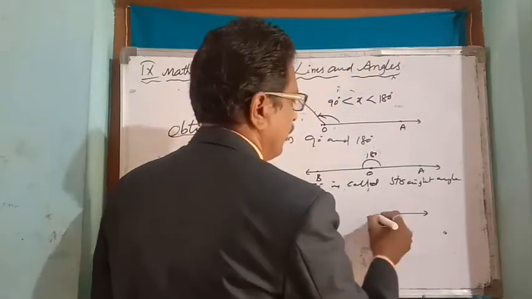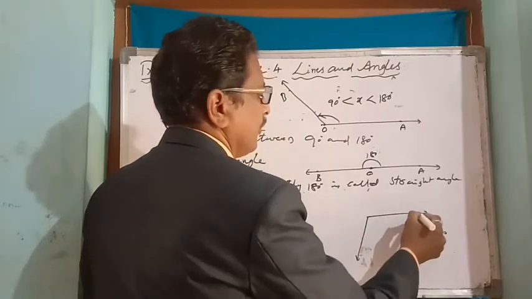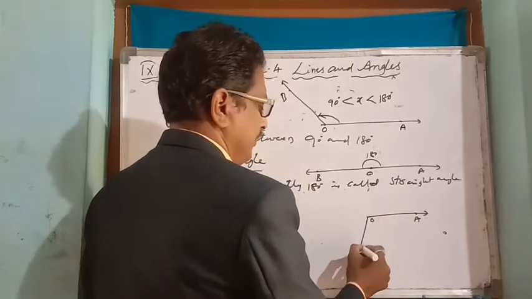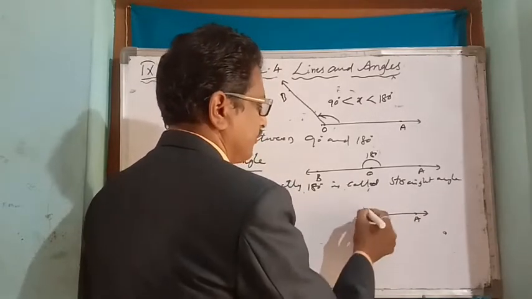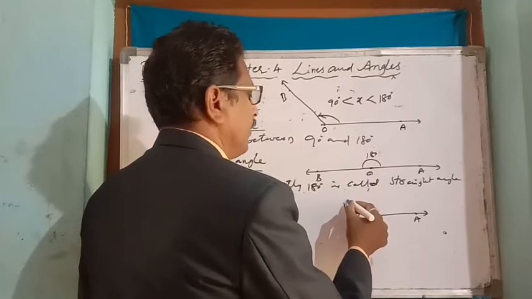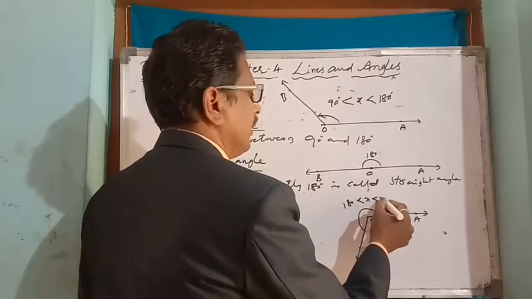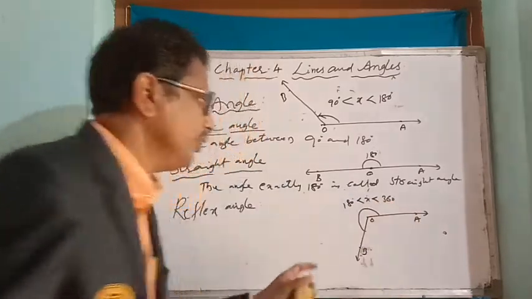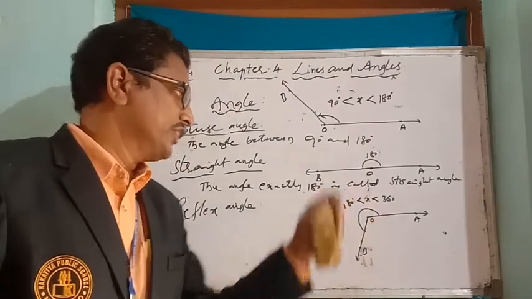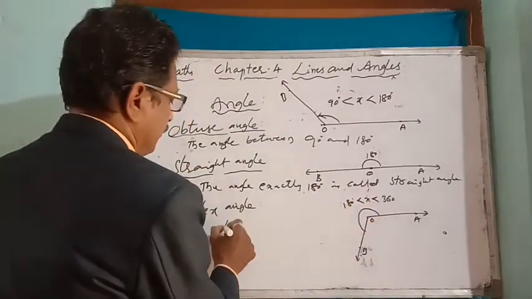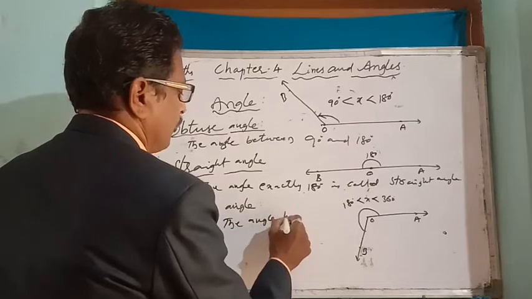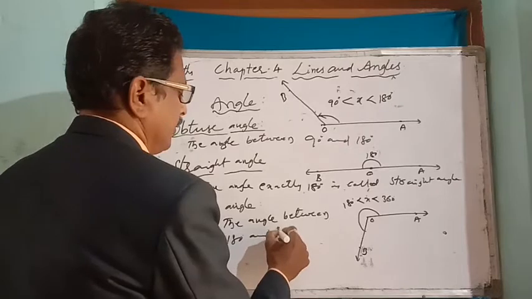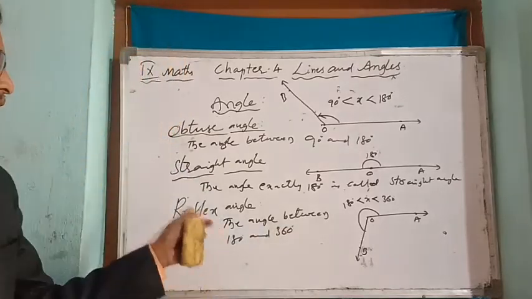The angle between 180 and 360 degrees, that is, 180 less than x less than 360 degrees, is called a reflex angle.